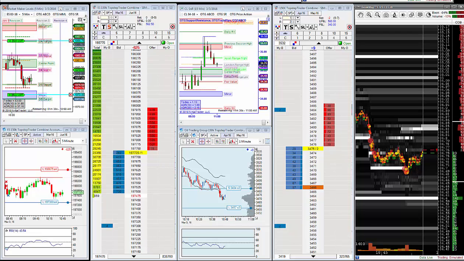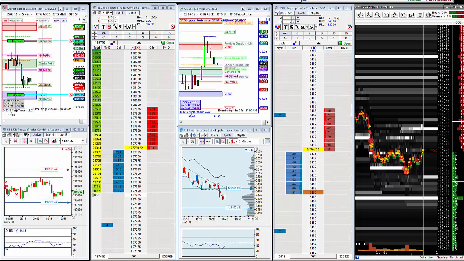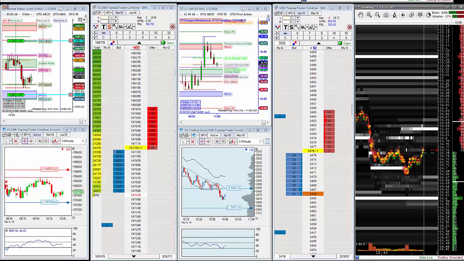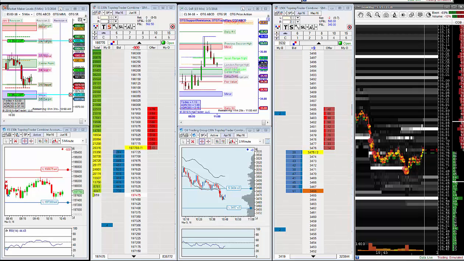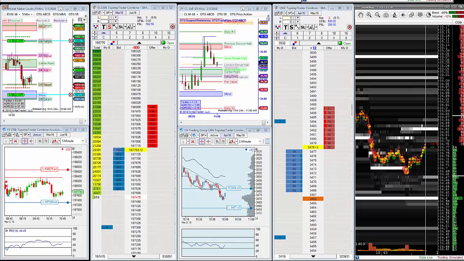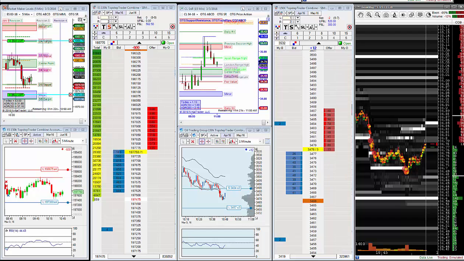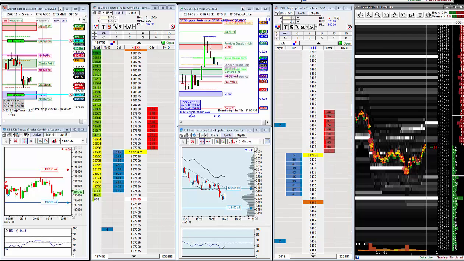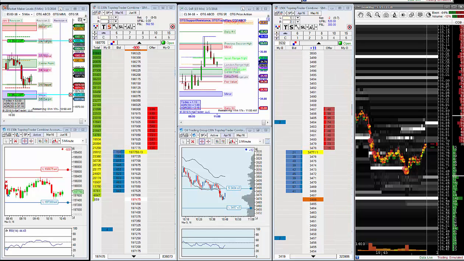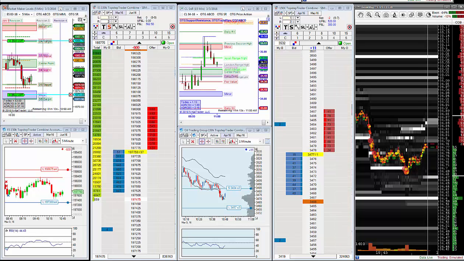We got down to 69.70. Ran into that liquidity down there. $79.80. 83 is the stop.